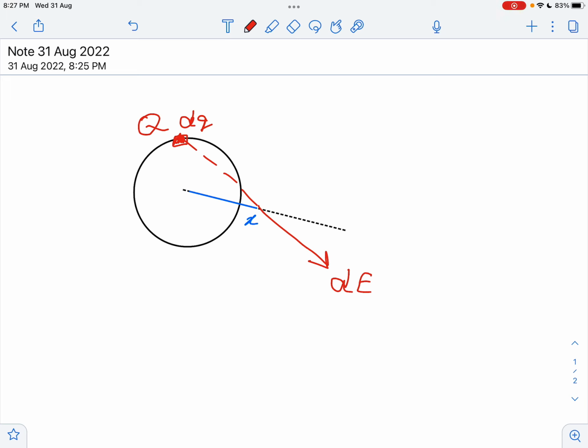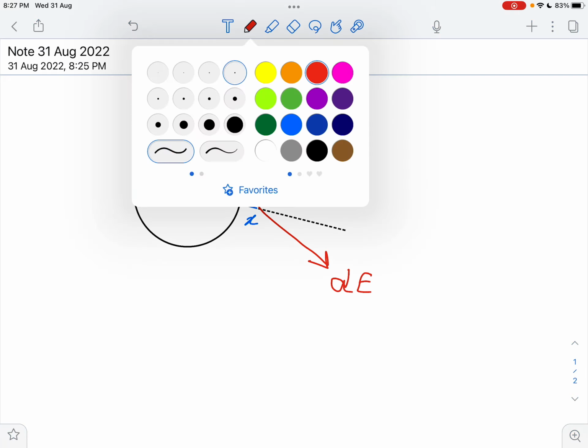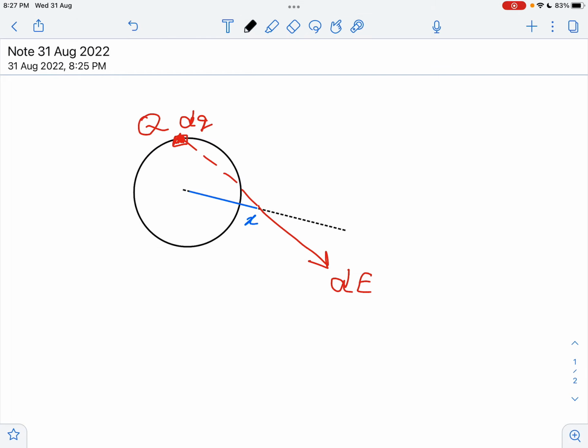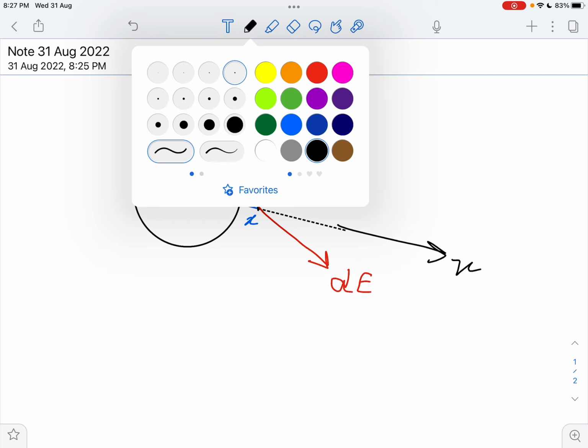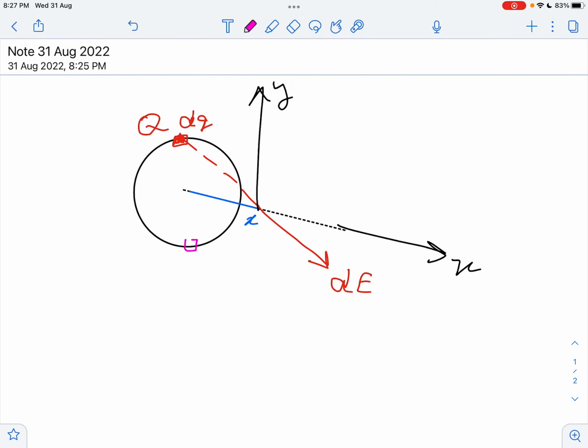Now this dE can be resolved into x component and y component. If I consider this is the horizontal or x component here, and I can consider something like that to be the y component. But at the same time, if you took a dq directly opposite to the first dq, to the red one, this dq will also create a dE in this direction.